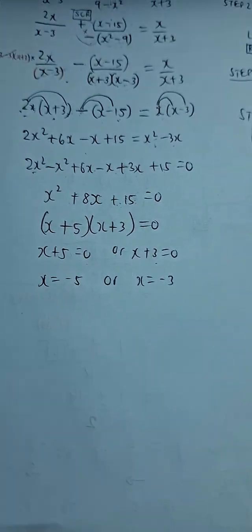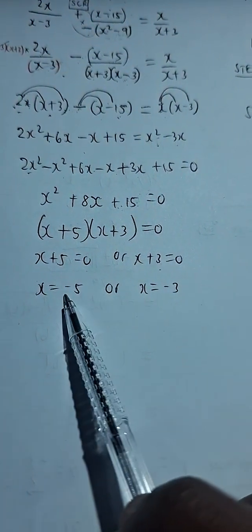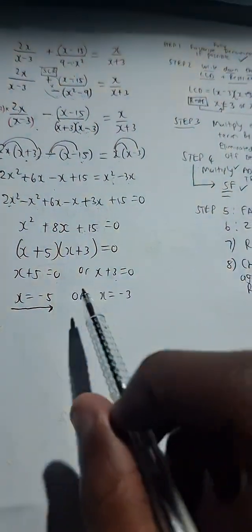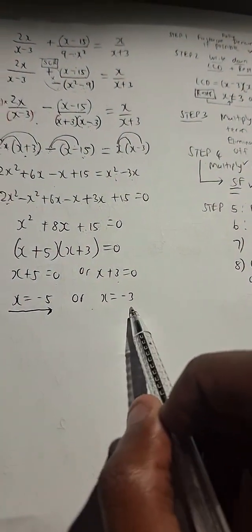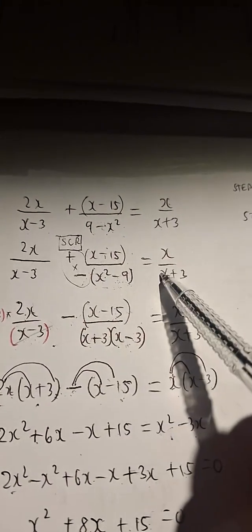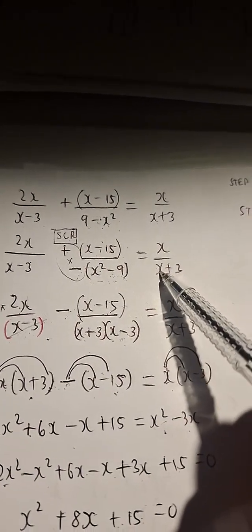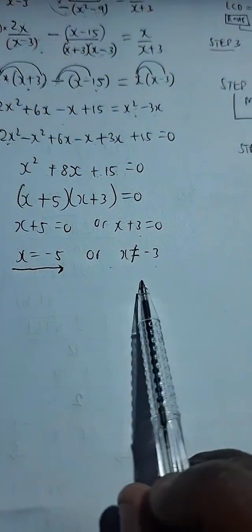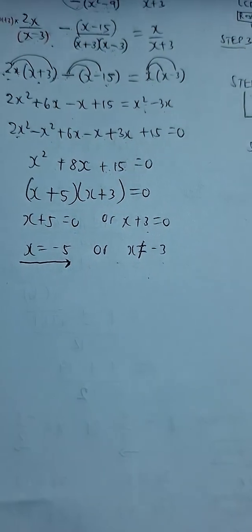So I go to my answers. I got x is equal to negative 5. We can accept this one. But remember, according to my restrictions, we said x cannot be negative 3 because if we take the negative 3 and substitute, for instance, in this denominator, this would lead to a fraction that is undefined. So therefore, we have to say x cannot be negative 3 as per our restriction.